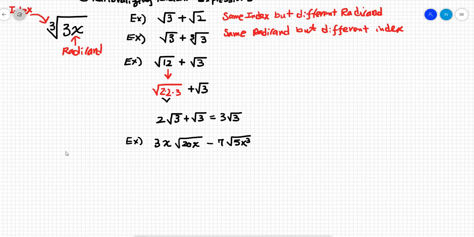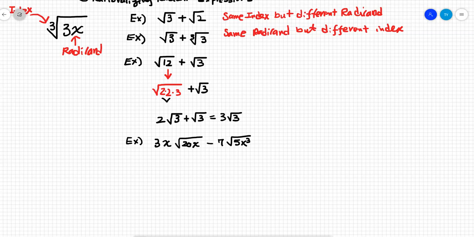So if you just look at this right now, there's nothing you can do, because over here the radicand is 20x, and over here it's 5x cubed. But as I said, you're going to have to rewrite this using the smallest radicand possible.